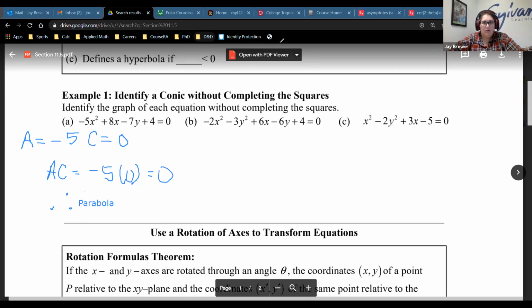Okay. Someone else walk me through the second one. Walk me through option B. We know we're looking for A and we're looking for C. Then we're going to multiply them, and that will let us figure out what we're looking at. So what do we got for A and C?